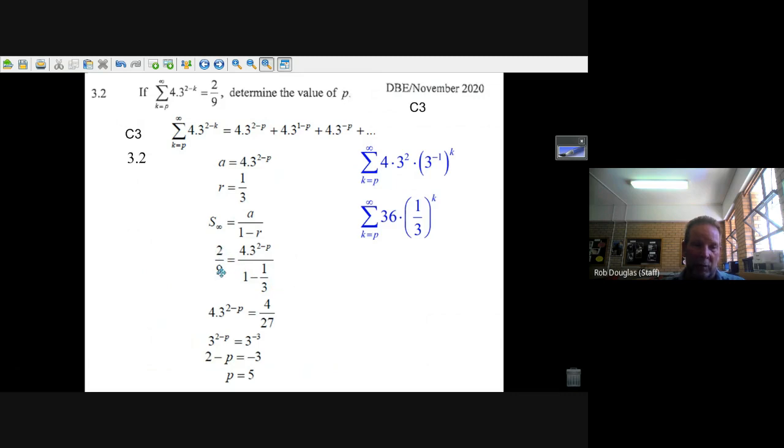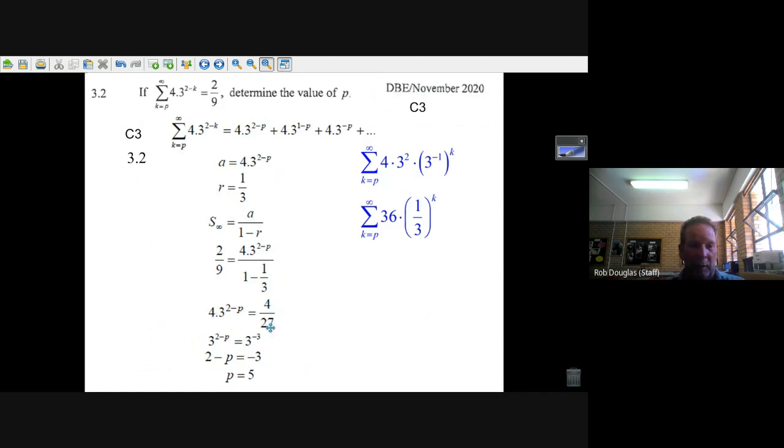If you multiply 2 over 9 by 2 over 3, you get 4 over 27 equals the first term. Then you divide by 4. 4 divided by 4 is 1, so this is 1 over 27 when you divide both sides by 4.